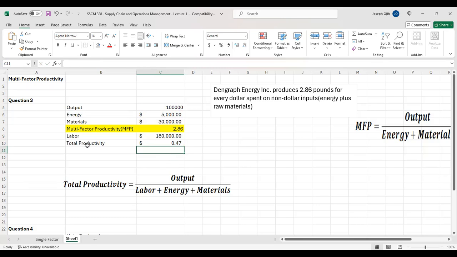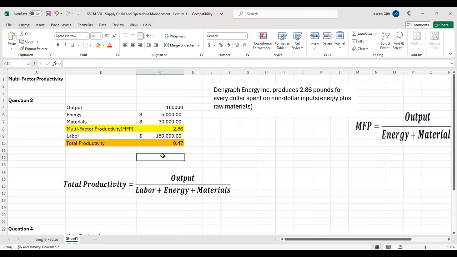What does this mean? Remember, this is a regular number, not dollars.